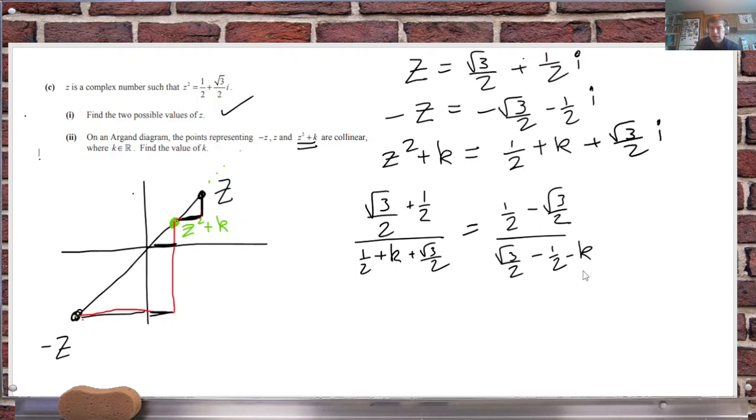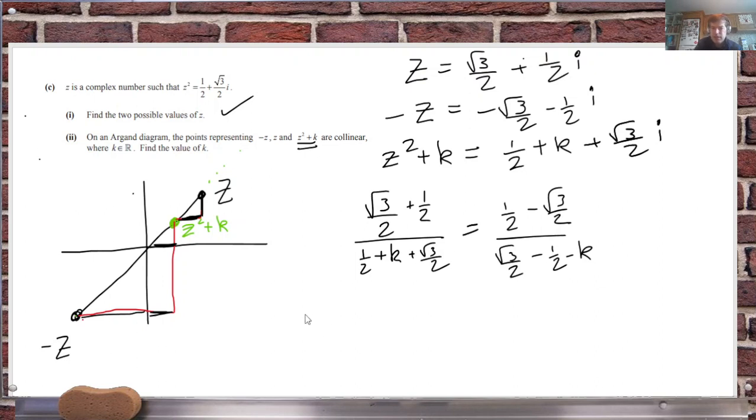Ooh, that looks quite the mess to solve, doesn't it? But if we solve it, we get k. All right. They're conjugates, so it might not be too bad.